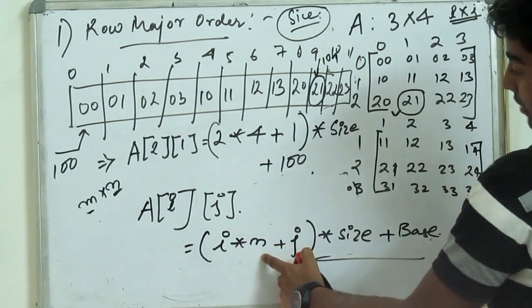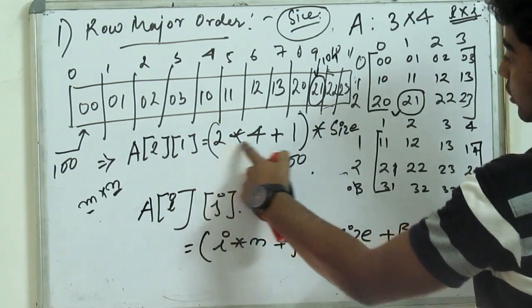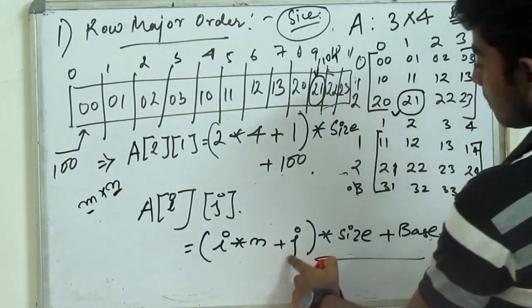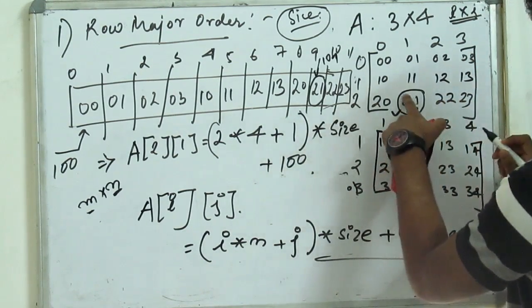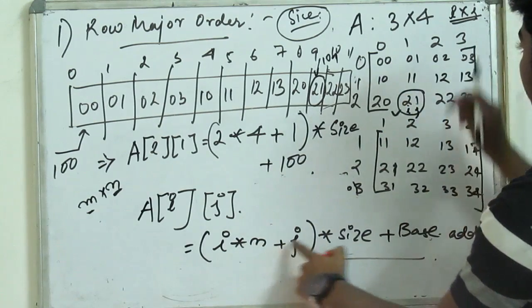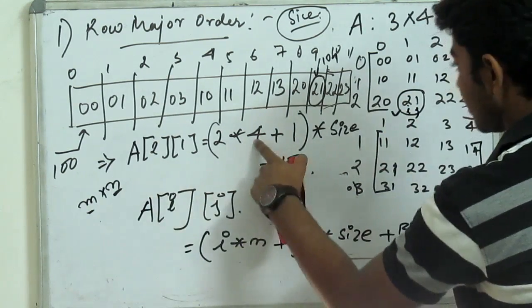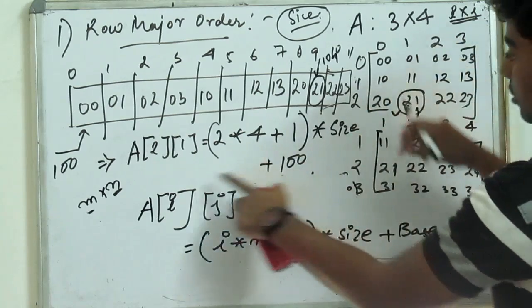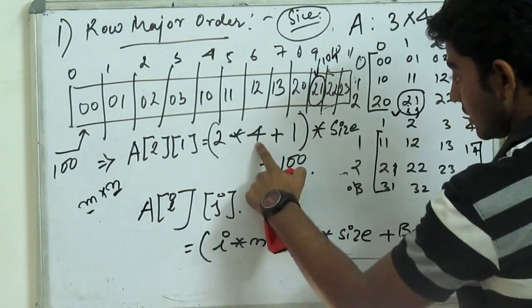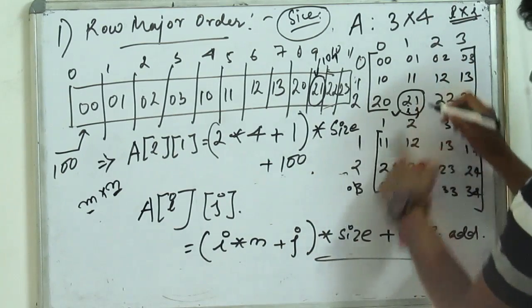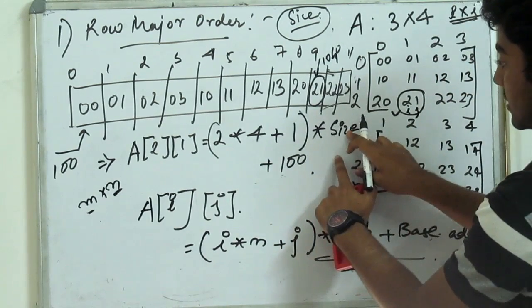So i into n, here you can see 2 into 4, plus j. If this is my i and this is my j, so i is 2, n is the number of columns we have, that is 4, plus j, this one is j, into size, whatever size it is.